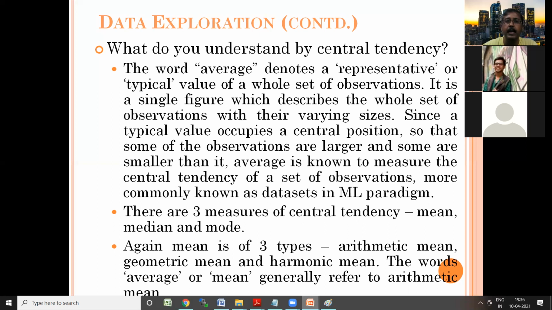What do we mean by median? We arrange the marks of the 30 students in an ascending or descending way, and we take the value of the middle student. Since 30 divided by 2 is 15, we simply take the value of the 15th student.